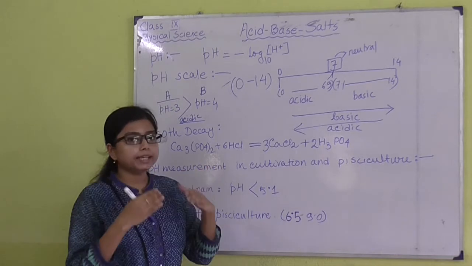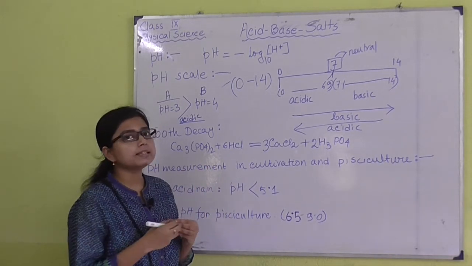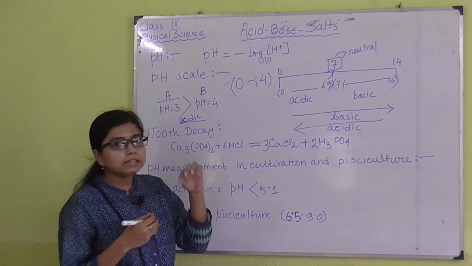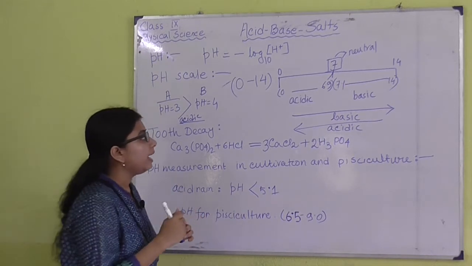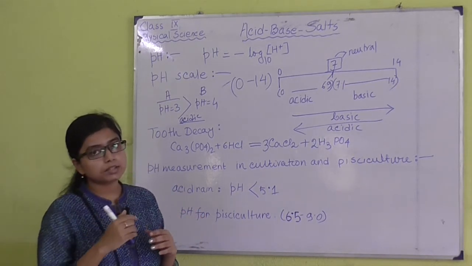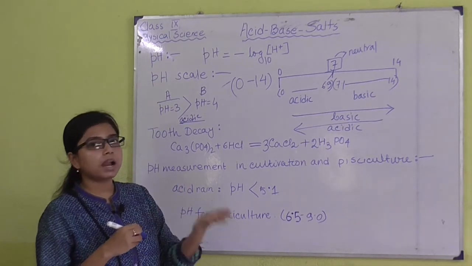And if we eat a lot of carbohydrates and other kinds of food particles, they will enter the empty portion of our teeth, and due to the presence of HCl in our saliva, that HCl reacts with the carbohydrate.